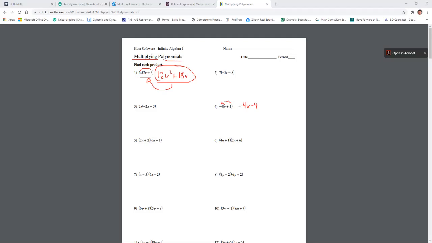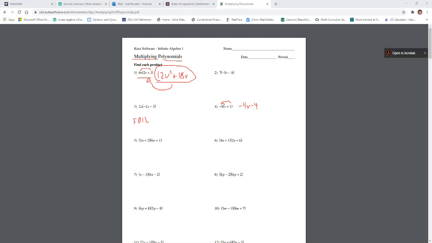Let's look at problem number 5. On problem number 5, I'm multiplying a binomial times a binomial, and we can use the FOIL method in order to multiply these two binomials together. So let's do that. Remember, FOIL stands for first terms, outside terms, inside terms, and last terms. And this is for multiplying binomials, and that's exactly what we're doing here on problem number 5.